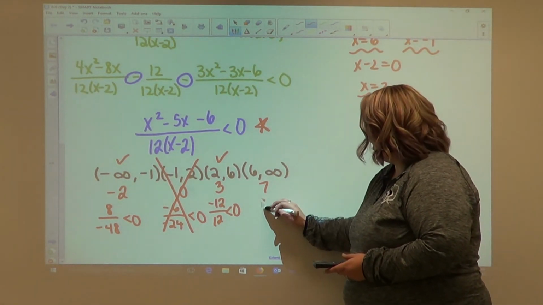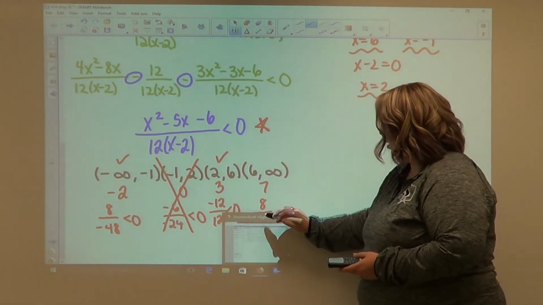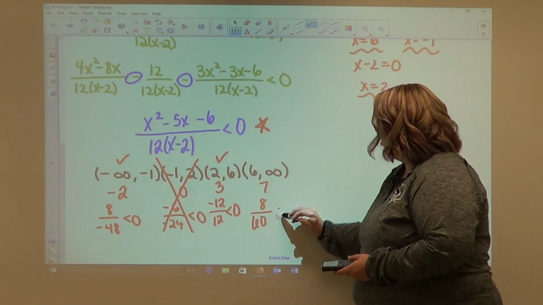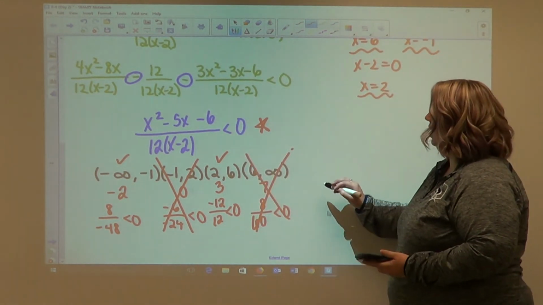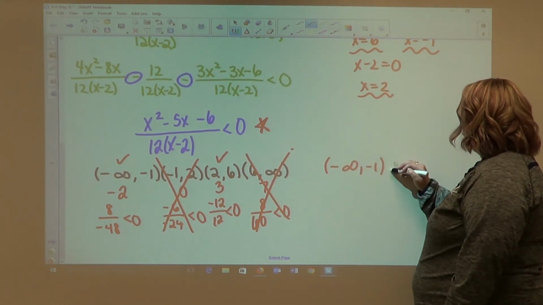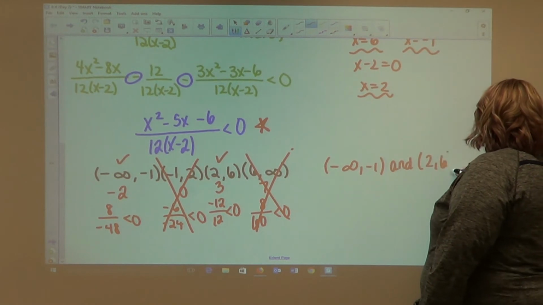On top I get 8, on the bottom I get 60. Is that less than 0? No, because it's positive. So my answers are negative infinity to negative 1 and 2 to 6.